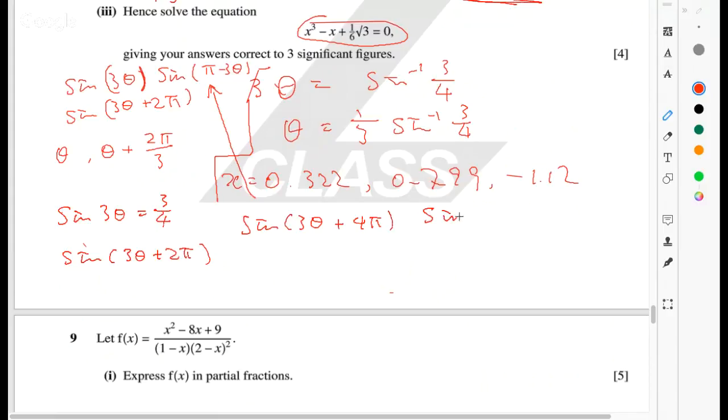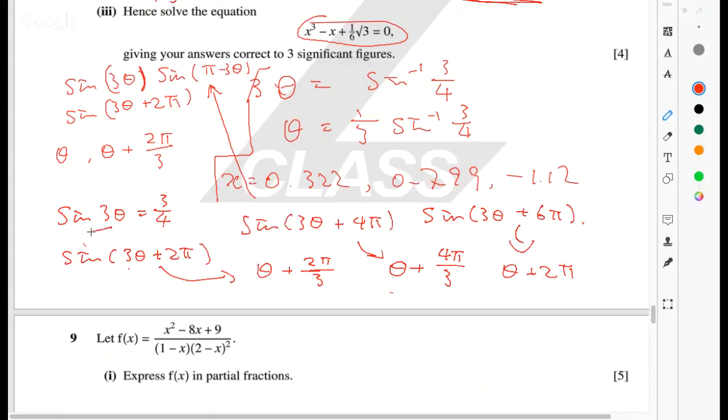Also, 3 theta plus 6 pi would also work. Let's divide everything by 3. The first one would give you theta plus 2 pi over 3. The second one would give you theta plus 4 pi over 3. And the third one gives you theta plus 2 pi.